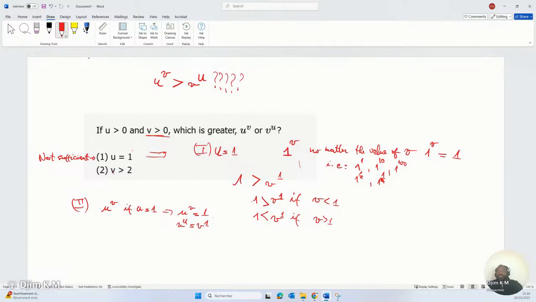And we know that v is greater than 2, so v to the power 1 will be greater than u to the power v.